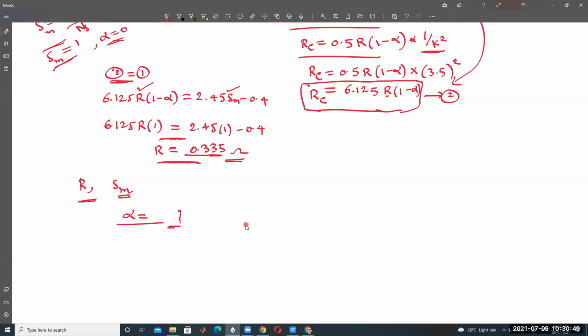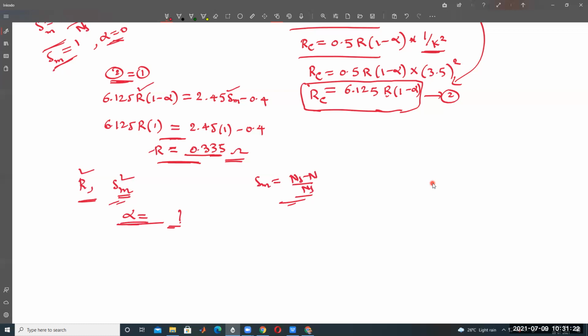The alpha range is very small, in terms of 0.001, when you substitute the external resistance R and slip at maximum torque. The slip at maximum torque is equal to NS minus N divided by NS. Substituting these, you will get alpha very small.